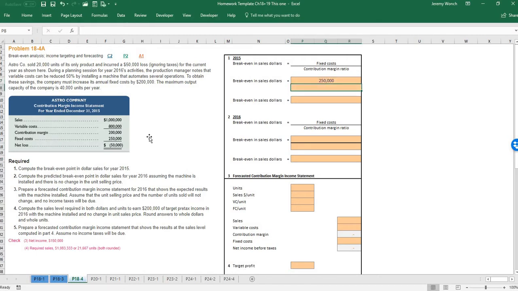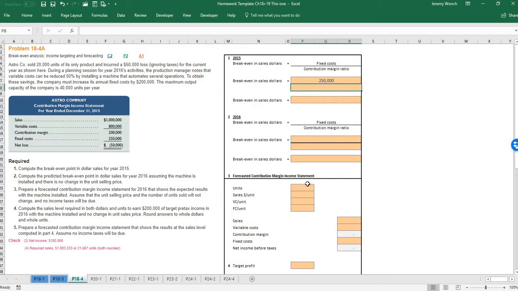For the contribution margin ratio, our sales minus our variable cost gives us our contribution margin. Divide that by the sales and that gives us the contribution margin ratio. For this problem, it's going to be easy if we think about it on a per unit basis.